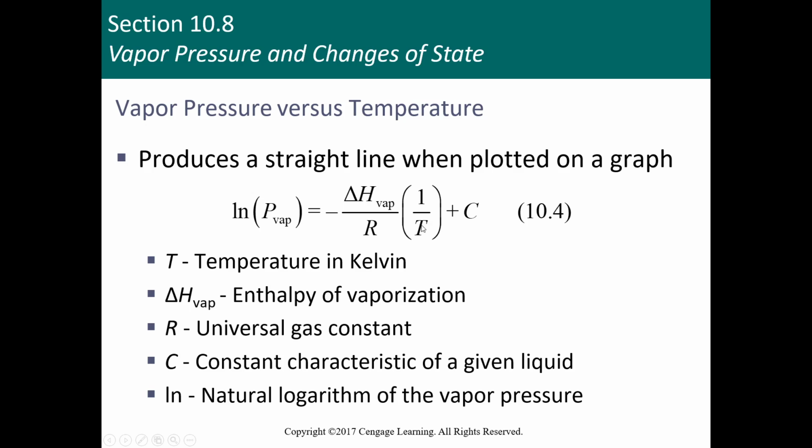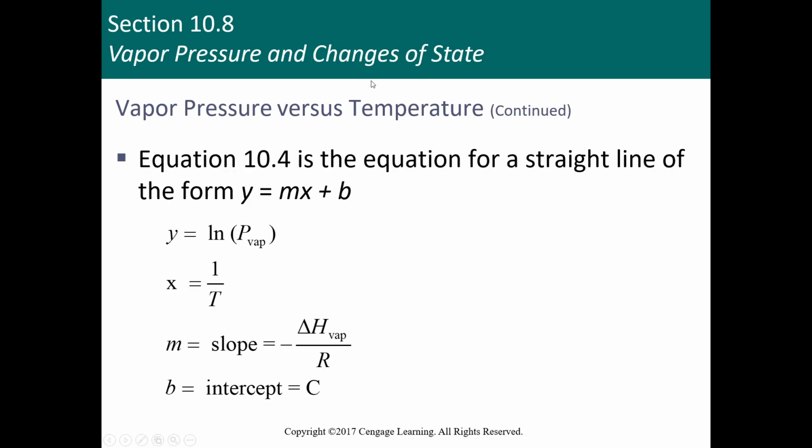This is in Kelvin, by the way. Plus C, this is actually a constant that needs to be generated for that liquid. And so water will have a different one than gasoline, than water with salt in it. It depends on the liquid you're talking about.